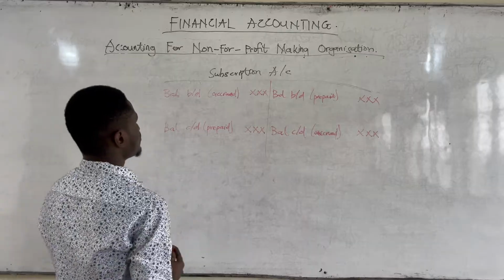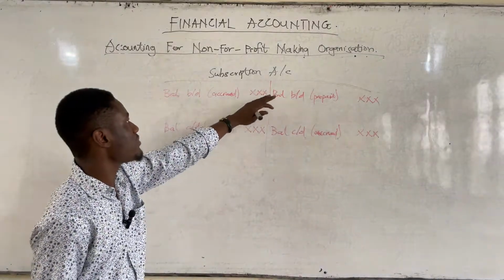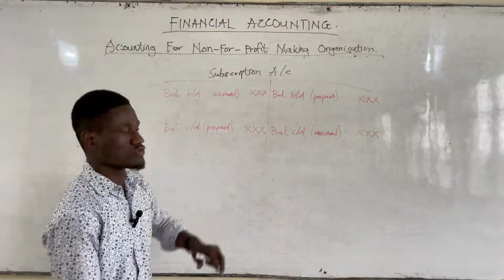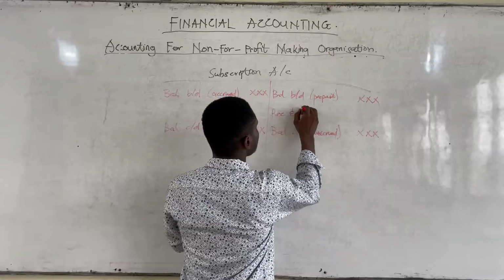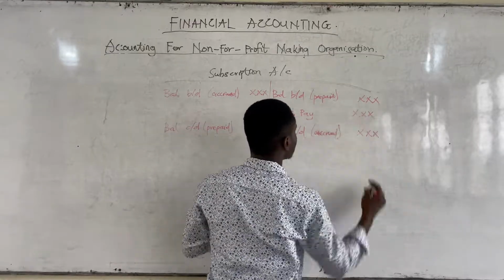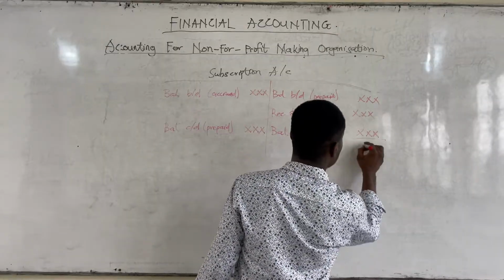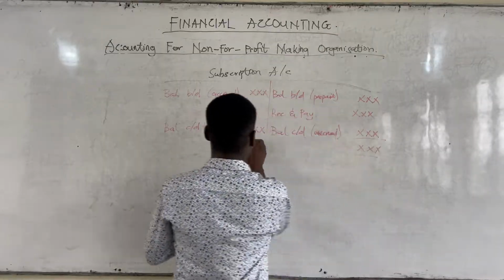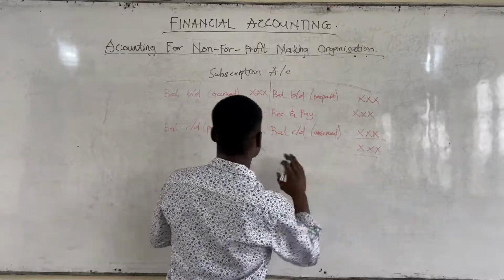Good. So with this, any item in the receipts and payments pertaining to the subscription account will be here in the name of receipts and payments. So that amount for subscription you will see in the receipts and payments will be here. So you add them, the bigger side goes to both sides.